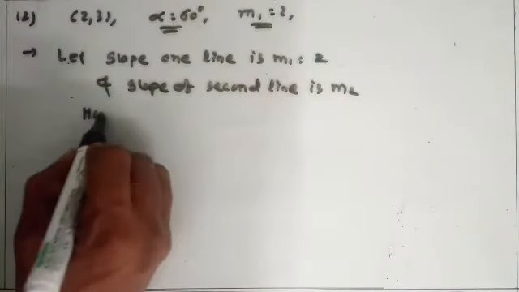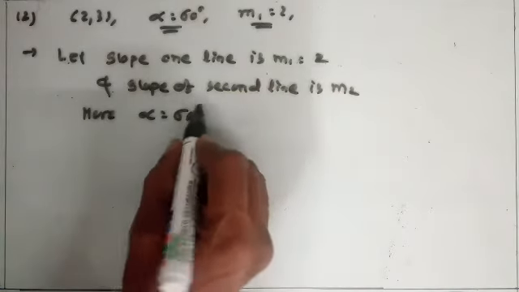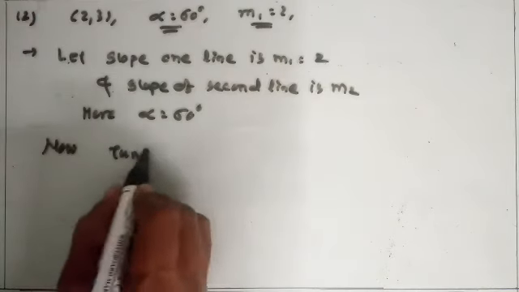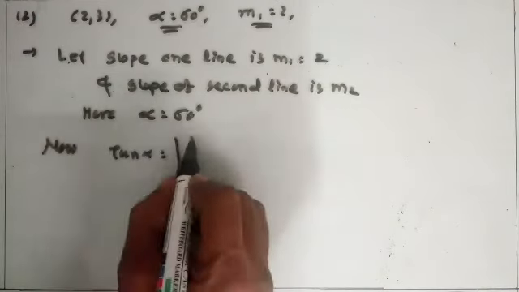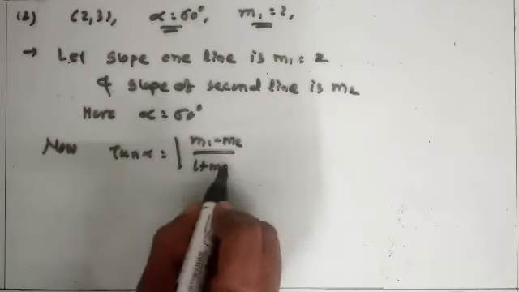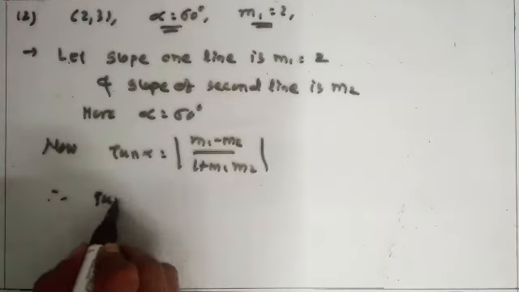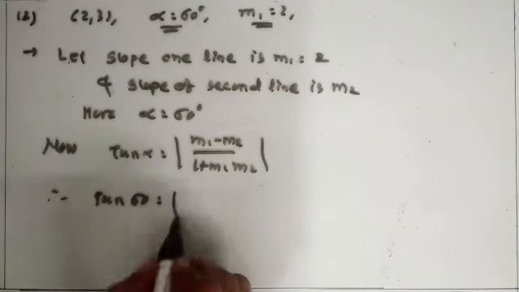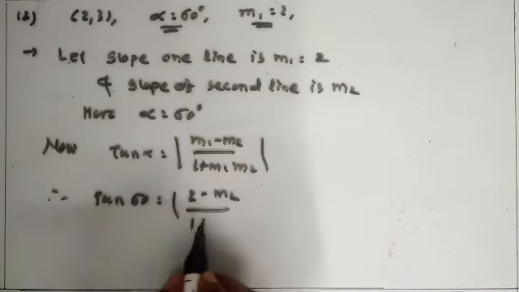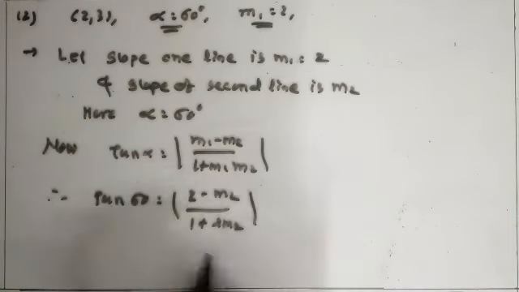Here the angle between these two lines, alpha, is equal to 60, given. Now we know that tan alpha is equal to mod of m1 minus m2 upon 1 plus m1 m2. Therefore tan 60 is equal to mod of 2 minus m2 upon 1 plus 2 m2. Clear?